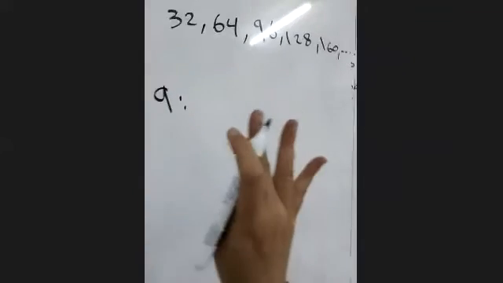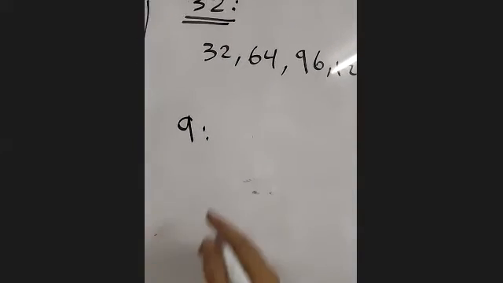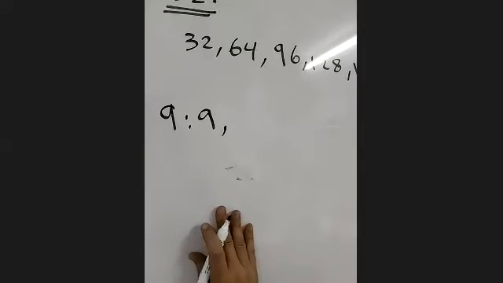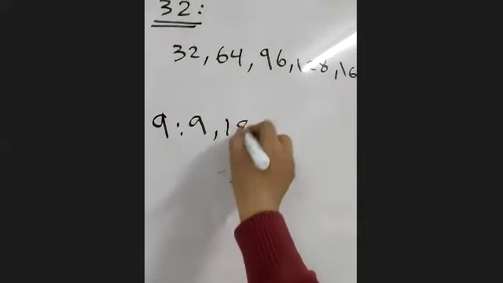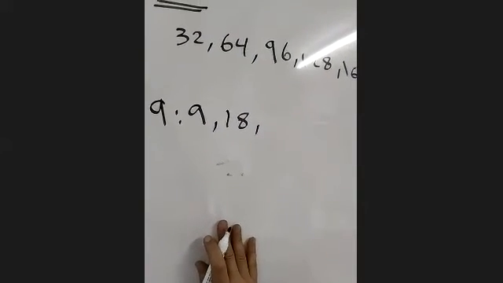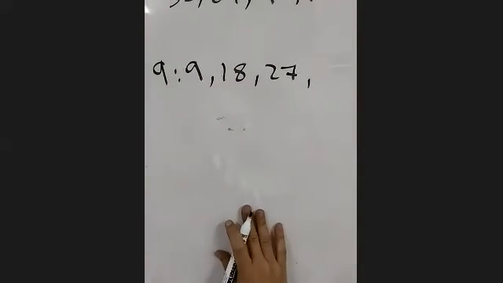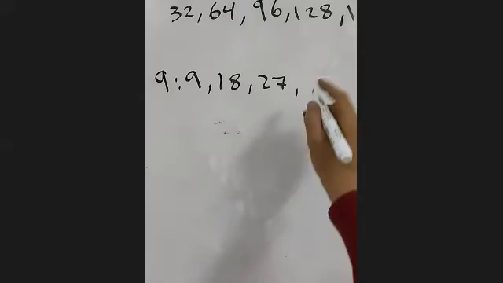Now, who can give me 4 multiples for the number 9? Give me 4 multiples for the number 9, Yazid. 9 multiply 1 equal 9. 9 multiply 2 equal 18. 9 multiply 3 equal 27. 9 multiply 4 equal 36.